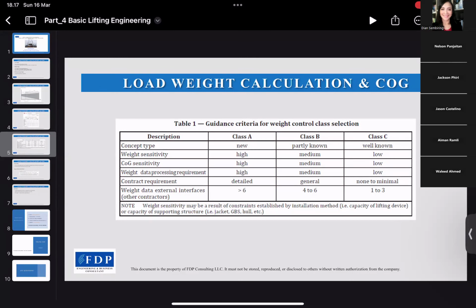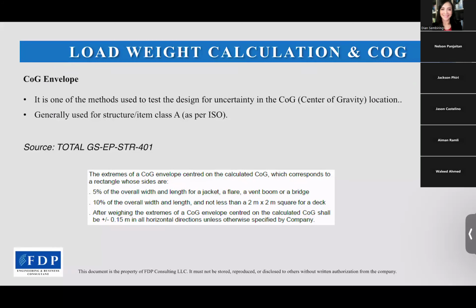So if it's a new concept, weight sensitivity high, COG sensitivity high, then we can use the COG envelope in our analysis. How to use the COG envelope? So I refer to the total GS here. It is saying that the extremes of the COG envelope are centered on the calculated COG, which corresponds to a rectangle whose sides are.